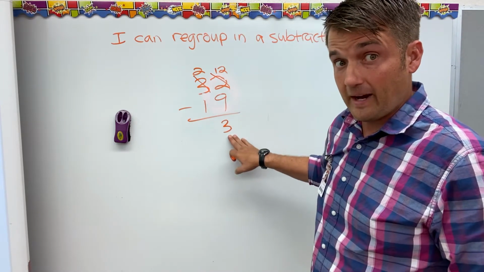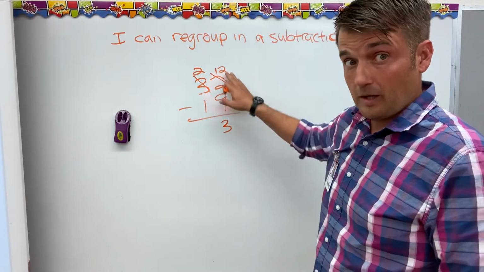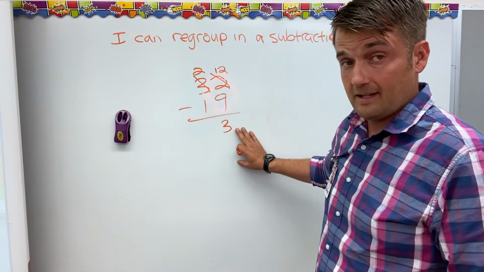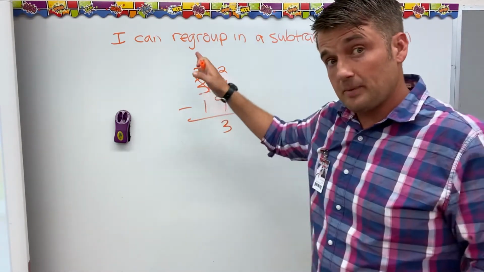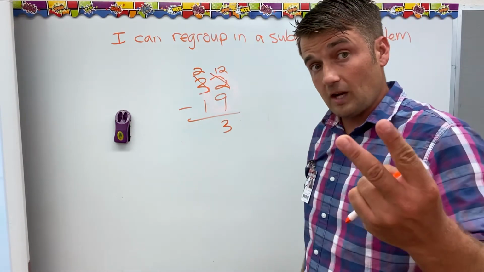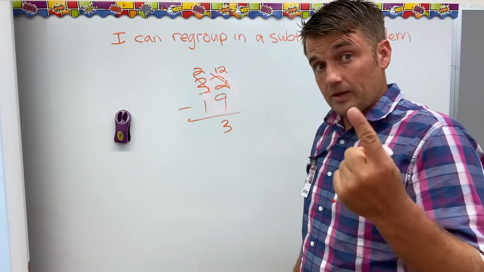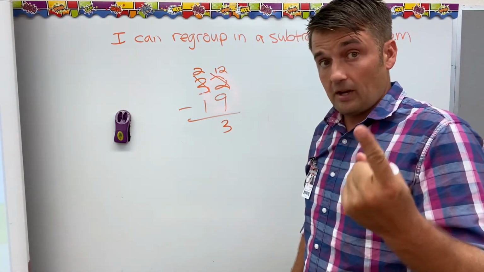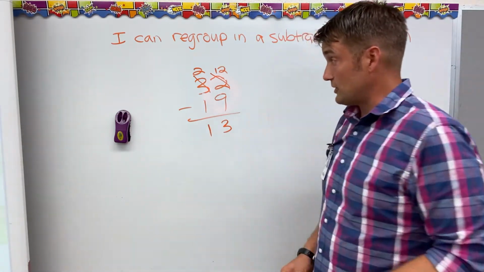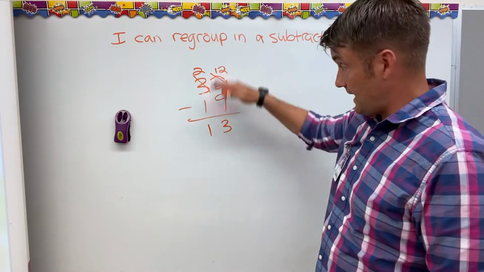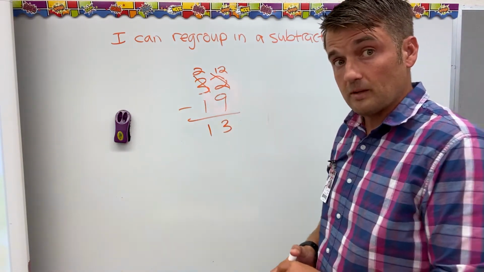The right answer was 3, not 7. 12 minus 9 is 3, okay? And then 2 minus 1, this is not a bigger bottom, right? If I have $2, my friend wants $1, I can give him $1 if I want to. So 13. That's how subtraction with regrouping works.